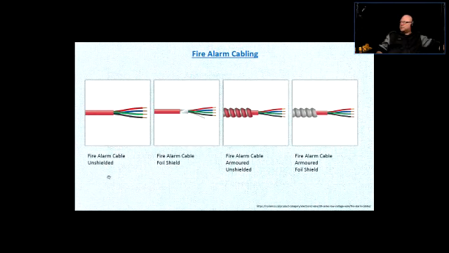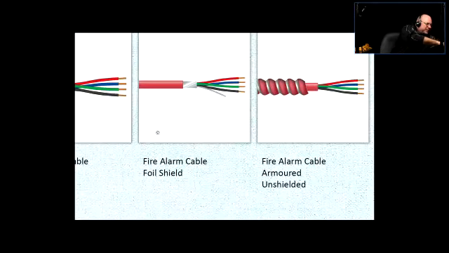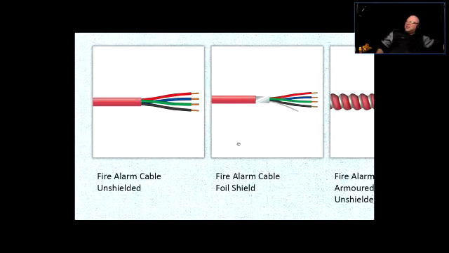All right, cabling that is involved with fire alarms. Fire alarm cable unshielded, fire alarm cable foil shielded, fire alarm cable armored unshielded, and fire alarm cable armored foil shielded, depending on the types of installations and the fire and electrical code that's involved in the area you're in.